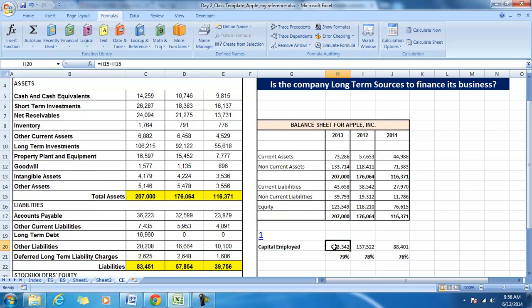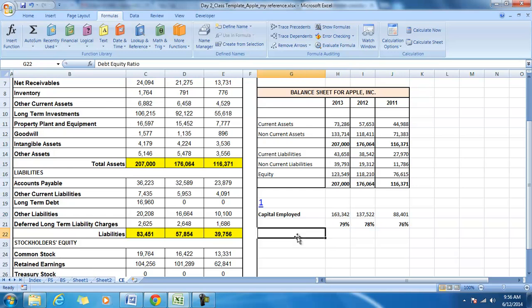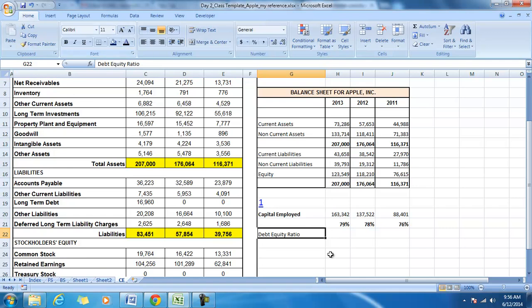Now let us understand that this capital employed consists of two components, so it is better to understand the components of it by looking at the debt equity ratio. The debt equity ratio is the ratio between the long-term debt and equity. So we can see that the debt equity ratio of Apple is less than 1.